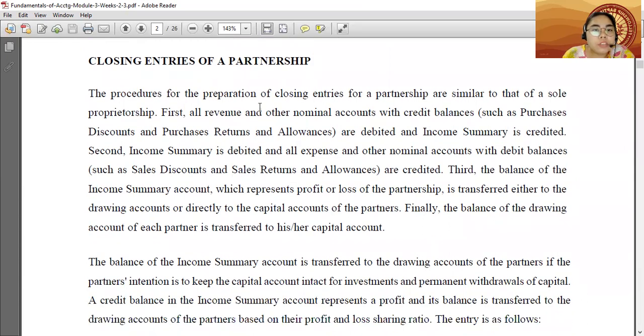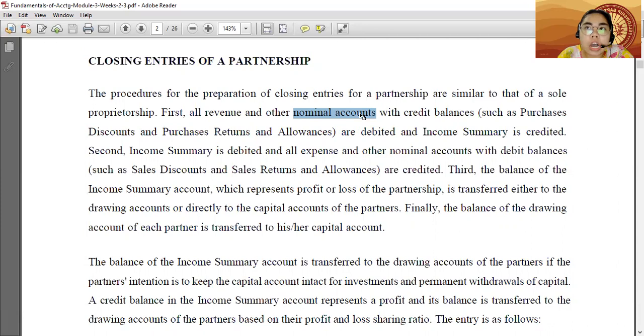We have the procedures for preparation of closing entries for a partnership. It is similar to that of a sole proprietorship. First, all revenue and other nominal accounts with credit balances. When we speak of nominal accounts, as I have said a long time ago, nominal accounts are those accounts that are closed at the end of the reporting period.